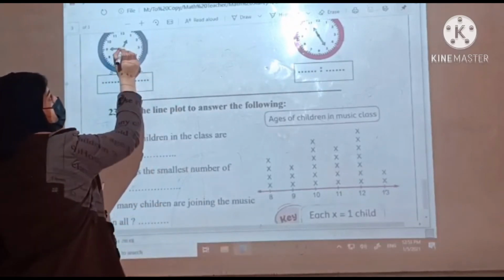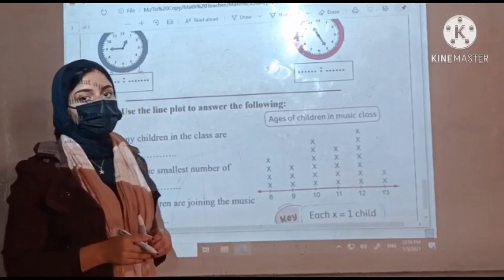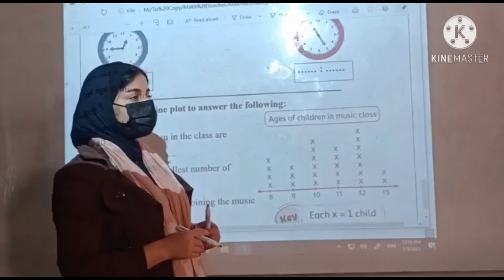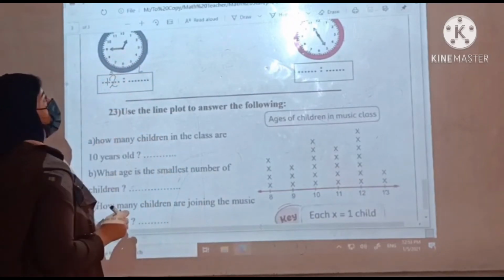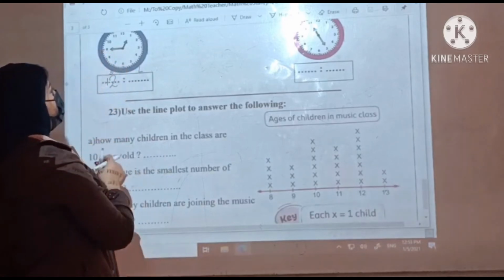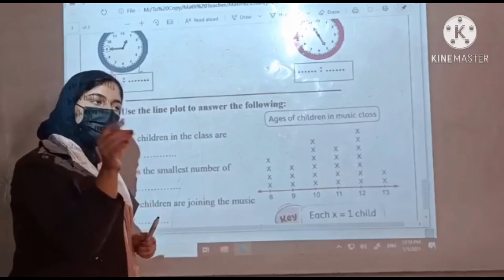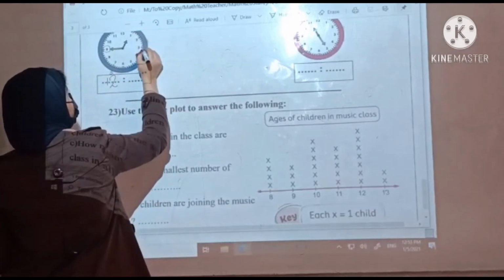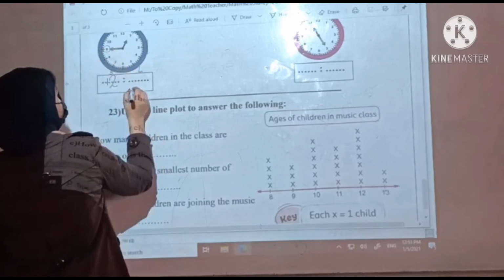So here's the short hand, it's between 12 and 1. So which digit can you take? Yes, excellent. I'm gonna take 12. And here, the big hand, it's at 9. So at 9, how many minutes? Let's count. 5, 10, 15, 20, 25, 30, 35, 40, 45.